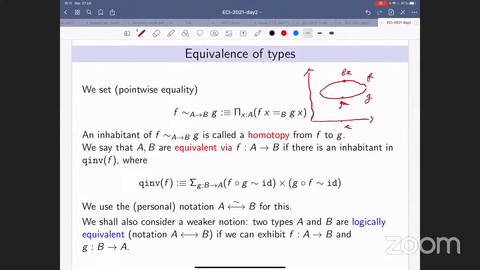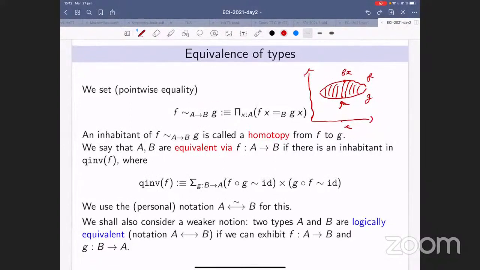If I have an equality between fx and gx, it means that I have a path. So if I can do this for all x, I can fill the space between f and g. Hence, f and g can be deformed one into the other, and they are homotopic.